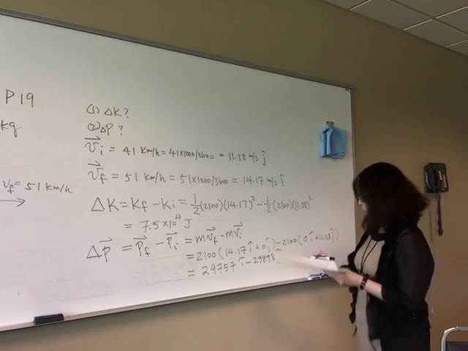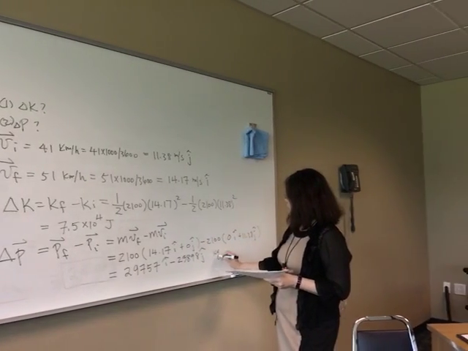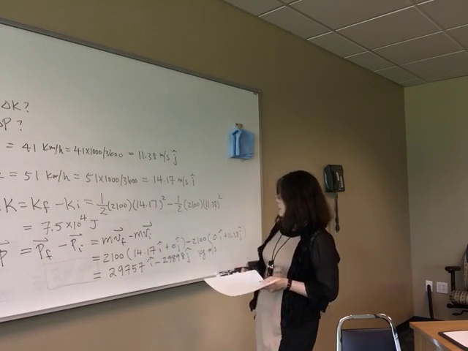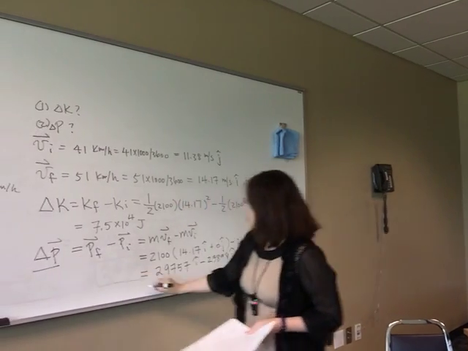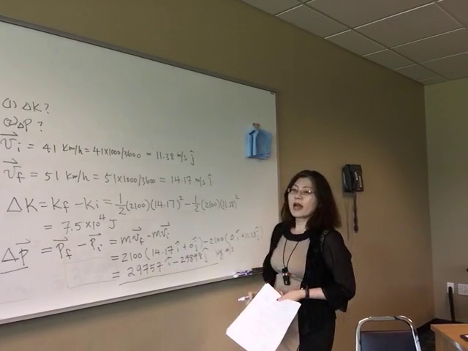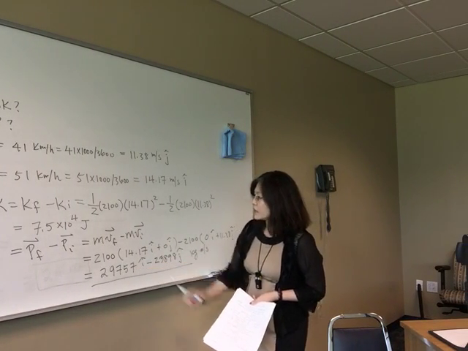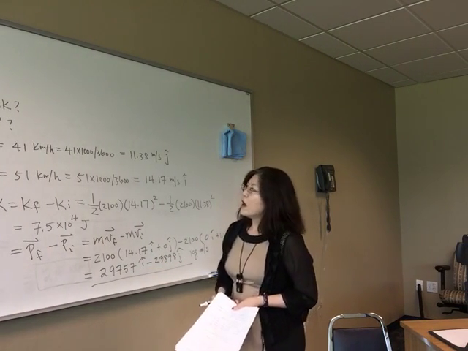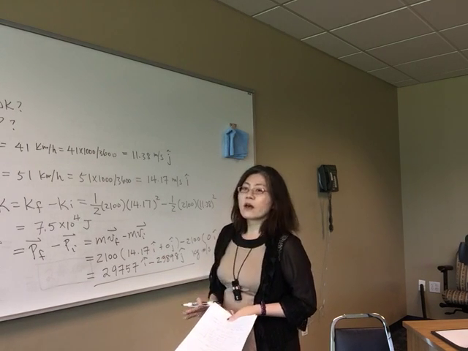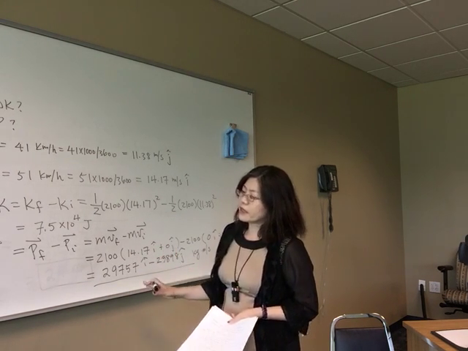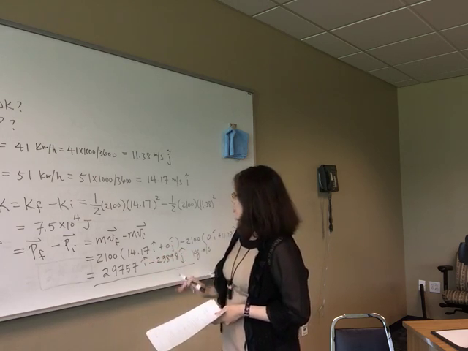And the units, of course, are kilogram times the units of the velocity. So this is the change in linear momentum. You have the x component and the y component. That's your part 2, but then the last part asks you to find the magnitude of the change in linear momentum and also the direction. So how do we do that?